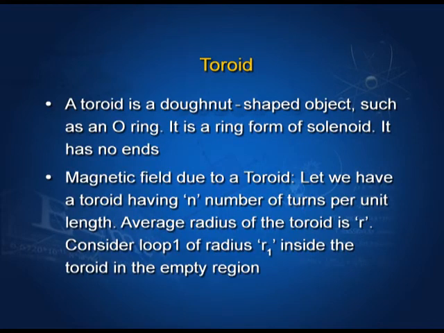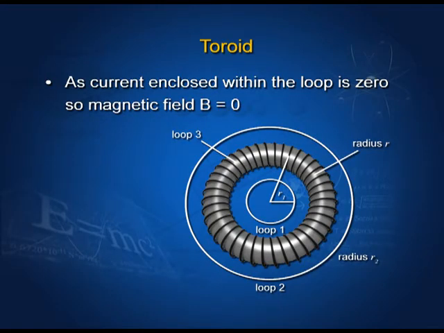Consider loop 1 of radius r1 inside the toroid in the empty region. Applying Ampere's circuital law for the loop, we obtain B dot dl equals mu naught times I. As the current enclosed within the loop is 0, the magnetic field B will also be 0.